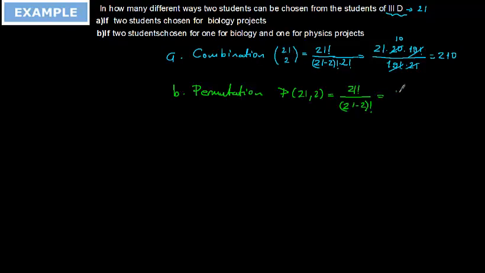21 factorial over 19 factorial is going to be equal to 21 times 20 times 19 factorial over 19 factorial, and when you simplify, it's going to be equal to 21 times 2, which is 42, times 10, which is 420 different ways we can select the students.